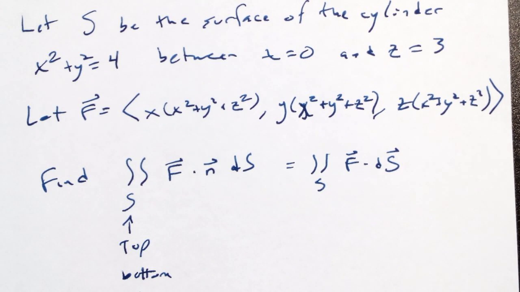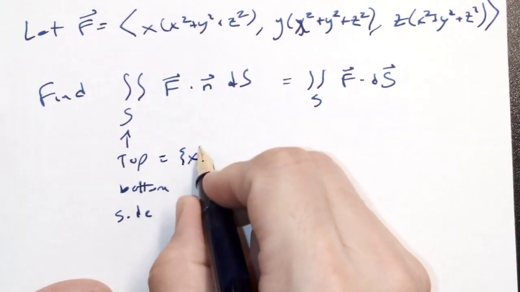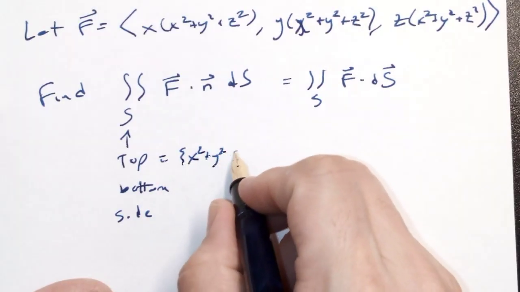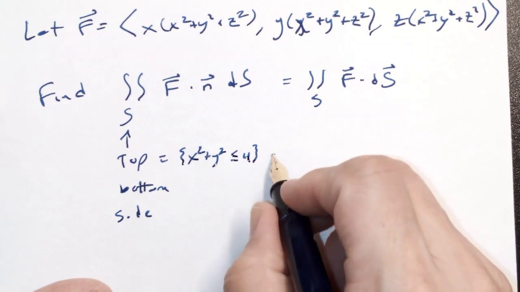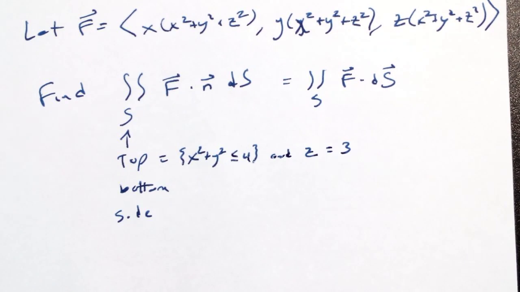So I could describe the top, x squared plus y squared less than or equal to 4, and z equals 3. That's horizontal, isn't it? That's a flat z equals, that's a horizontal surface. What's the normal vector? Straight up.